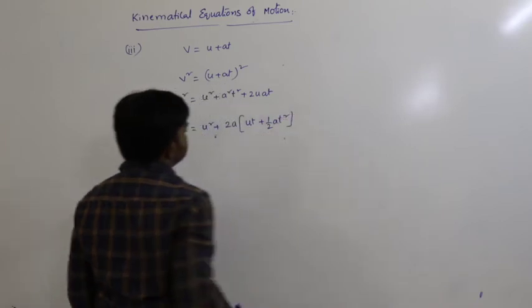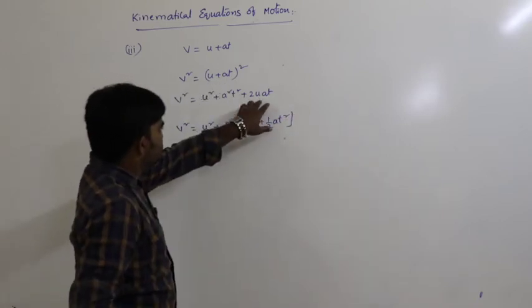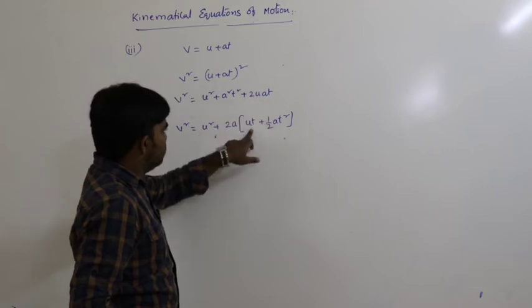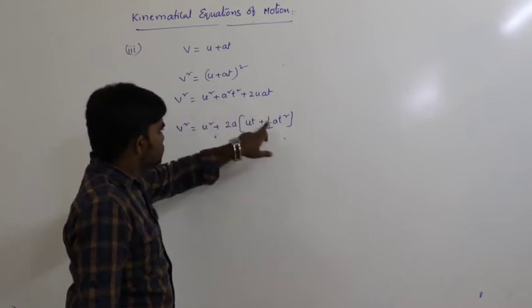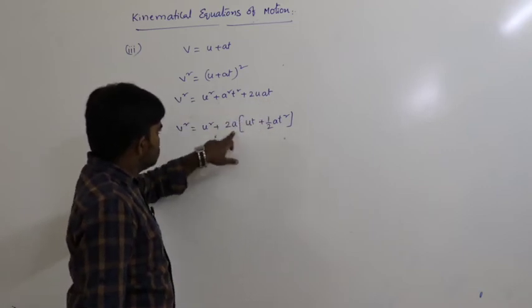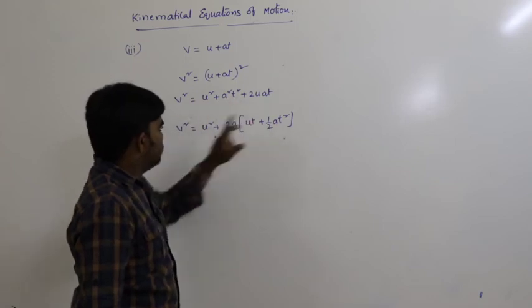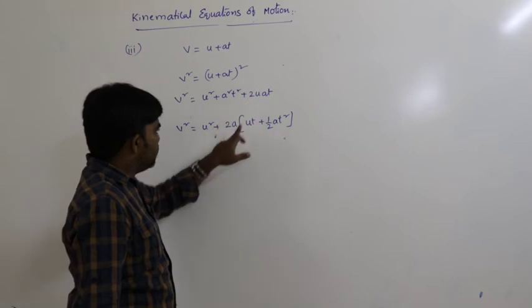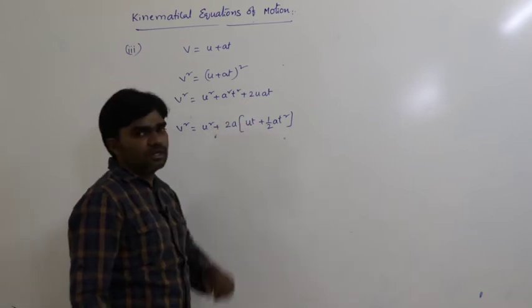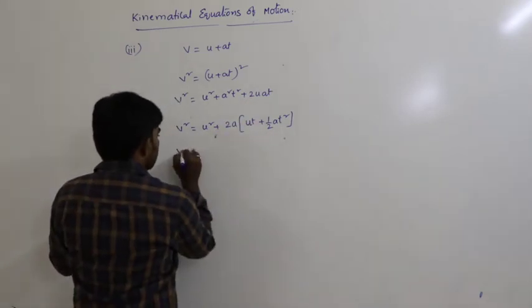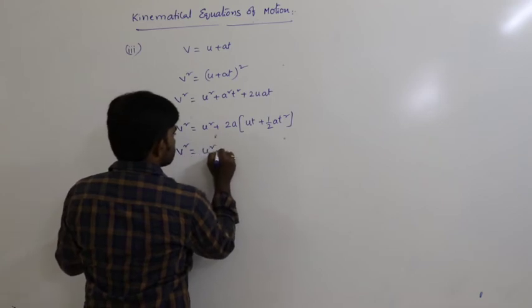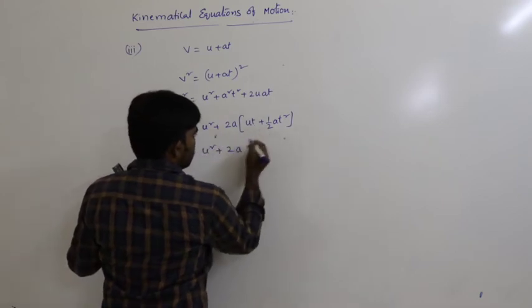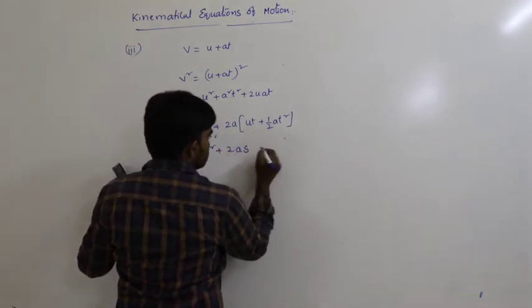Here 2a common, the remaining term is ut. Here we don't have 2, that's why it is half. One a comes out, that's why a and t square. So v square equals u square plus, if 2a is common, ut plus half at square. Then v square equals u square plus 2a, ut plus half at square.